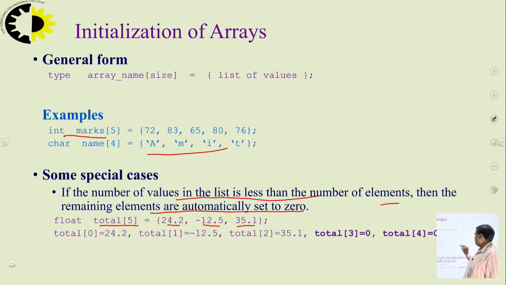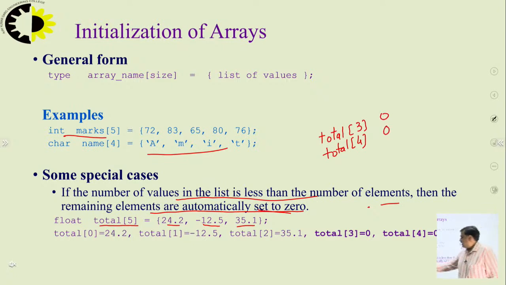So what will be the value of total 3 and what will be the value of total 4? These values will be set to 0. So it will be 0 and it will be 0. Here total 3 will be 0 and total 4 will be 0.